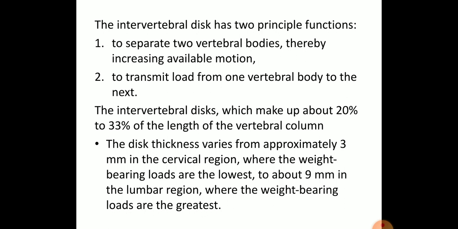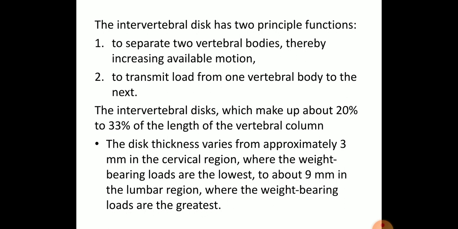When we talk about the thickness of the intervertebral disc, it is not uniform in all parts of the vertebral column. It varies from one segment to another, mainly based on the amount of weight it transmits.